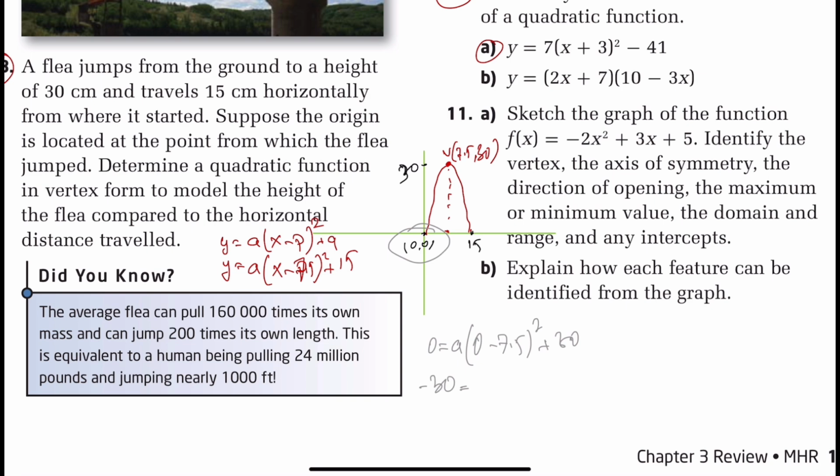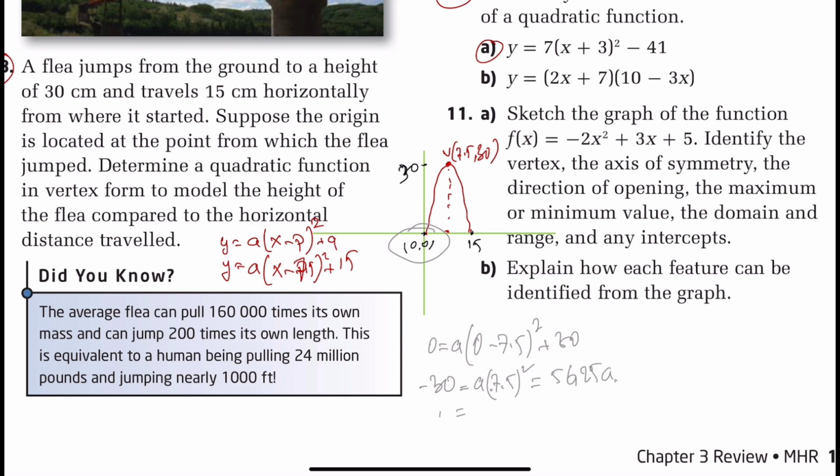So this is a times 7.5 squared, which is 56.25a.